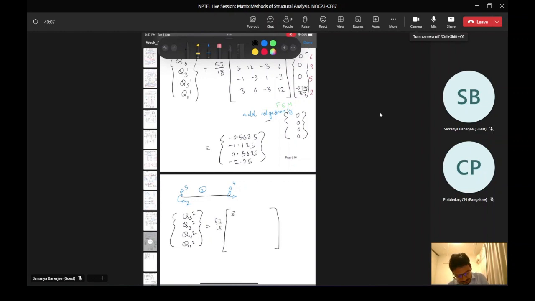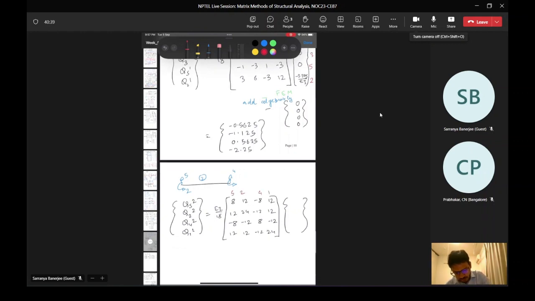This was 8, 12, minus 8, 12. This was 12, 24, minus 12, 12. This was minus 8, minus 12, 8, minus 12, 12, 12, minus 12, 24. Are these correct? I hope these are correct. What are the different degrees of freedom associated with it? We have 5, 2, 4, 1. I forgot to write 1 here.